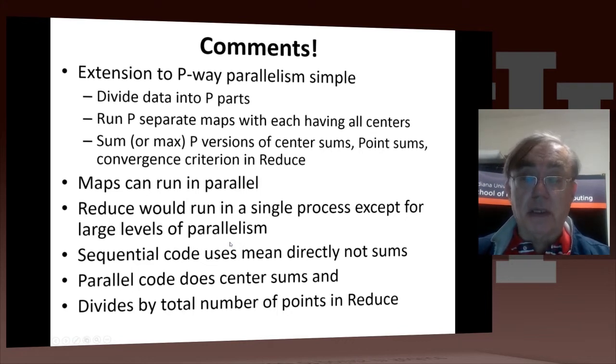And then you need to do, as we saw in the reduction already, you sum the contributions to the centers from each process, and you sum the contribution to the distortion convergence criterion, or you actually max it for the max version of the convergence criteria.